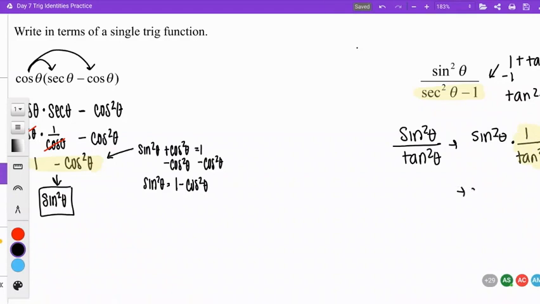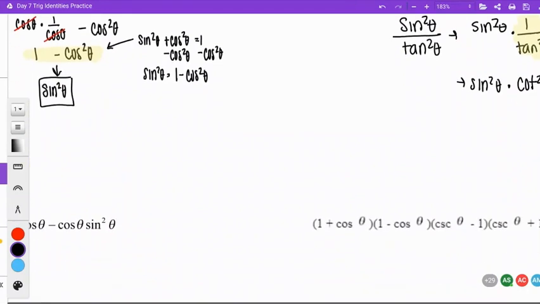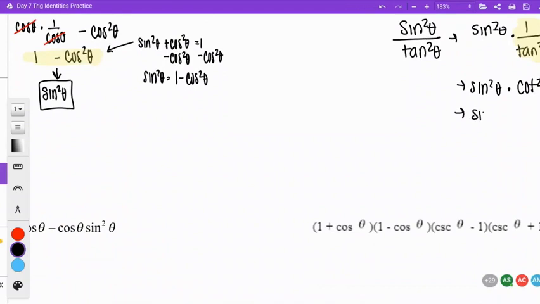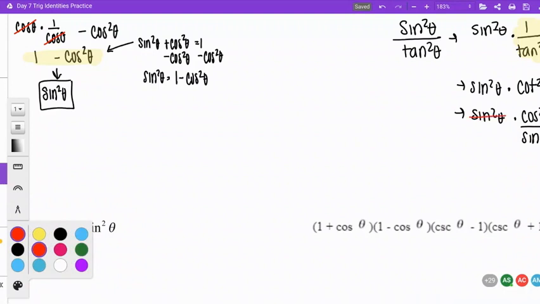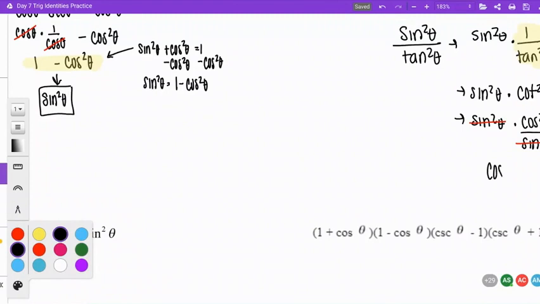So this can turn into sine squared of theta times cotangent squared of theta, which then, if we keep working through this, is sine squared of theta times cosine squared of theta all over sine squared. And then hopefully we see that sine squared of theta and sine squared of theta cancel out, and we are left with cosine squared of theta.